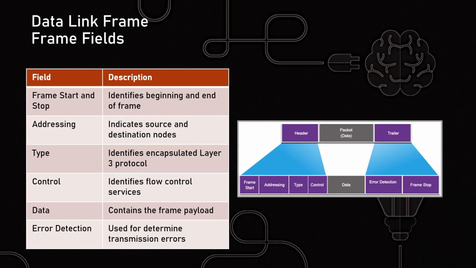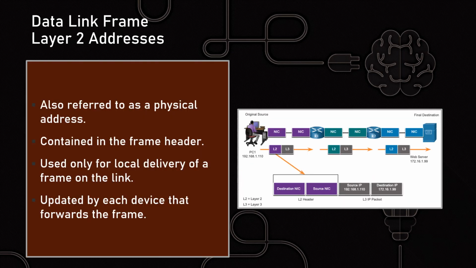Flow control services, that's going to be in the control field. Again, flow control services, if we're talking about TCP/IP, will exist at multiple layers. The payload itself exists in the middle, and then error detection just before the frame stop, usually using what's called a CRC, or cyclic redundancy check, just to make sure that the data that was sent is in fact legitimate, that there's no dropped portions. It helps us to determine if there's an error.